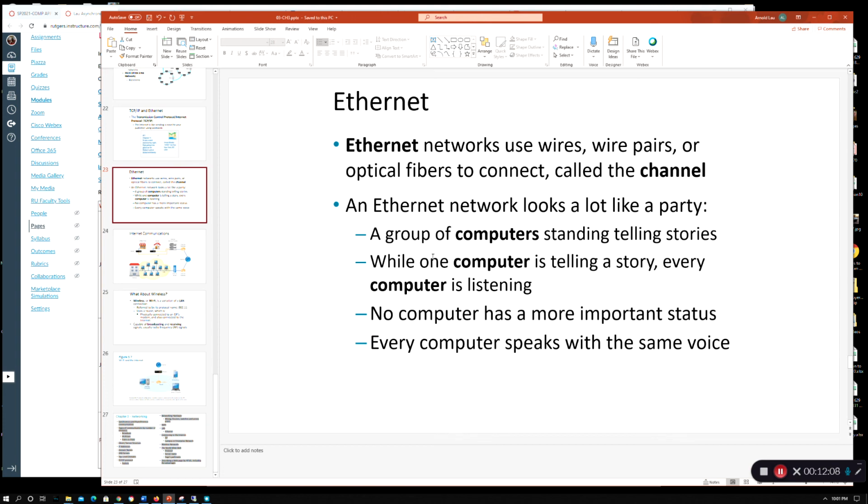So in this case, one computer is sending out and every other computer pauses to listen to what this one computer is saying, right? So it's basically a structure so that the computers can talk to each other.